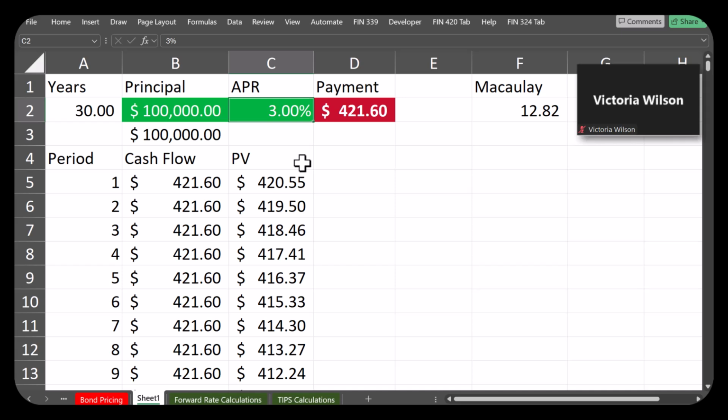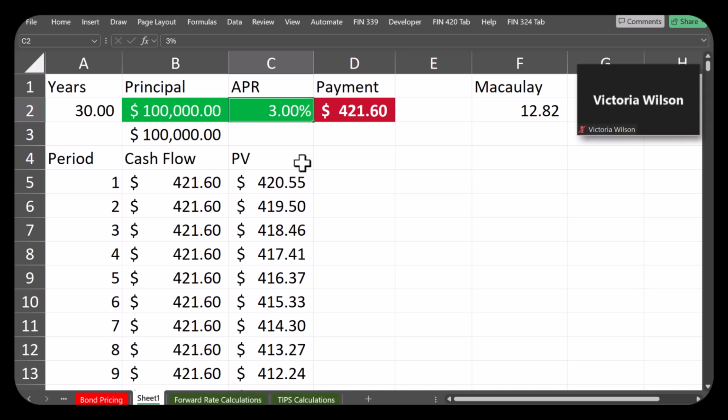Let's see what's going to happen to the value of this mortgage if I increase the discount rate, the APR, to 4%. Because if overall mortgage rates run up, if I want to unload this mortgage off of my balance sheet, I have to sell it at 4% instead of 3.